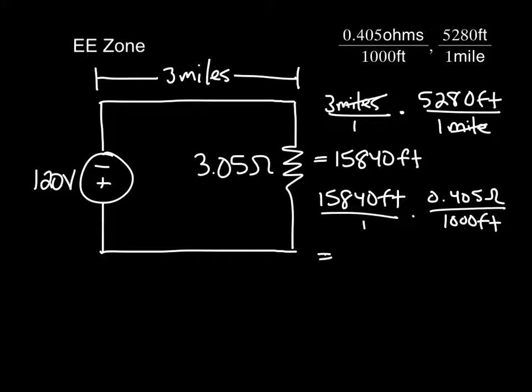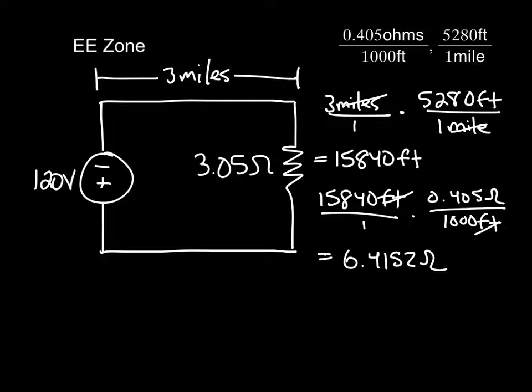That is equal to, and we need to note feet are going away, and this is going to be left in terms of ohms, and that's going to be 6.4152 ohms.